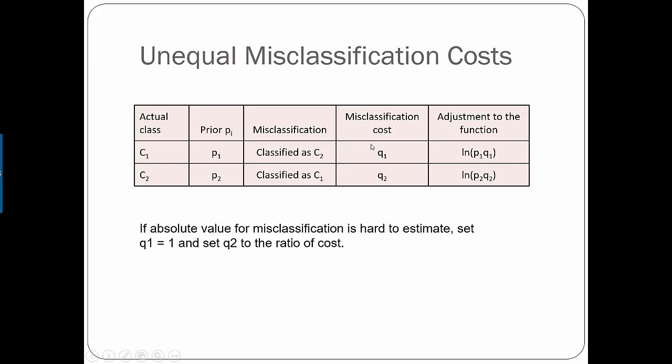In the previous case, we did the unequal classes individually, and then the unequal misclassification costs individually. But when you put the two together, you multiply P sub 1 with Q sub 1 and find the ln of that, and then add this to your discriminant function, and that will give you an adjusted value for the discriminant function.